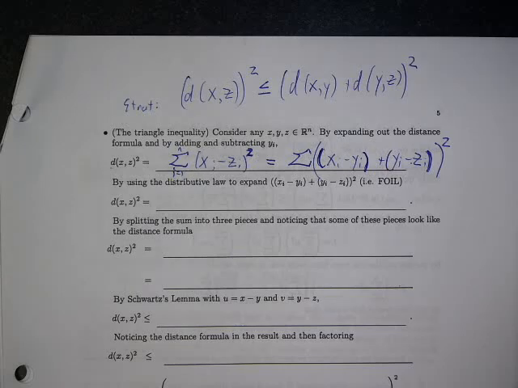And you'll see that up there, I want to get the distance from x to y plus the distance from y to z, squared. Do you see in that sum that there's something that looks an awful lot like the distance from x to y showing up already? Yeah, if I just had the square over this term and the square over that term, I would have the distance from x to y squared and the distance from y to z squared.